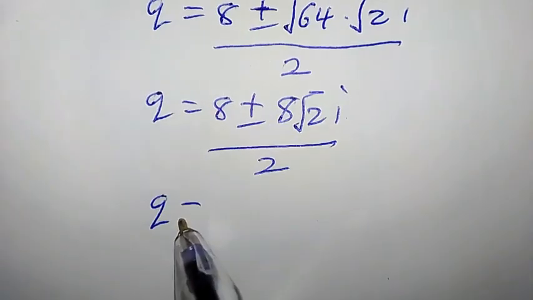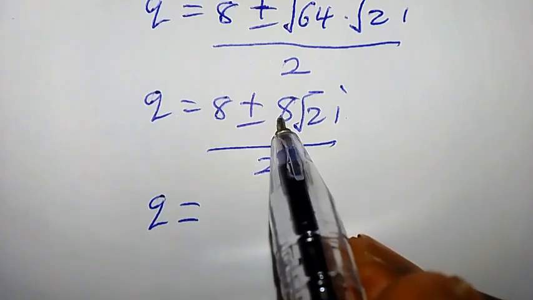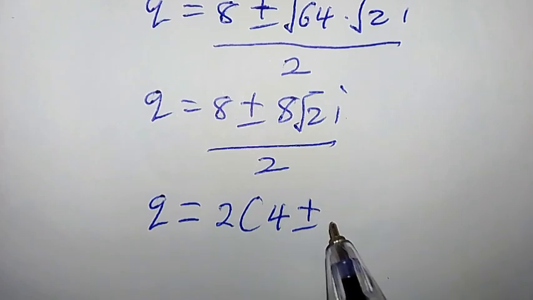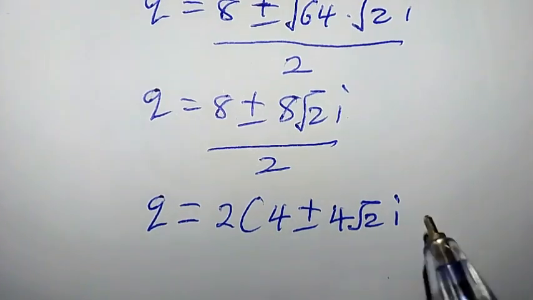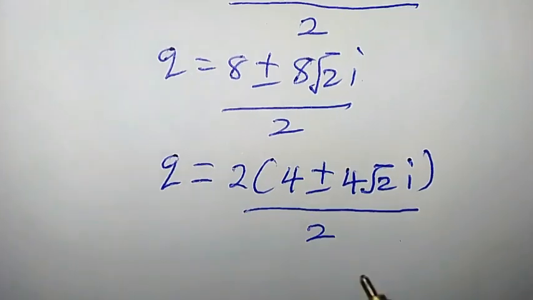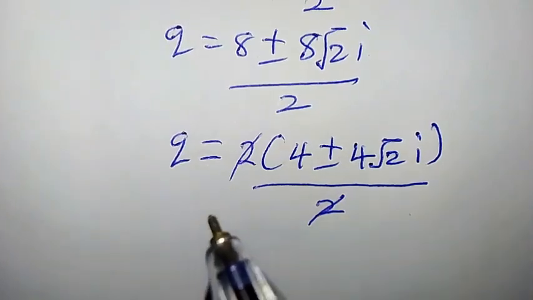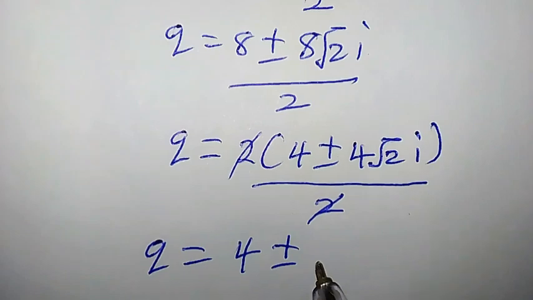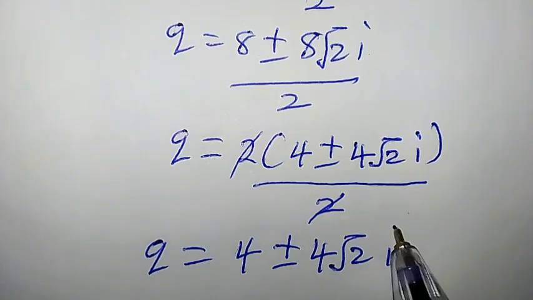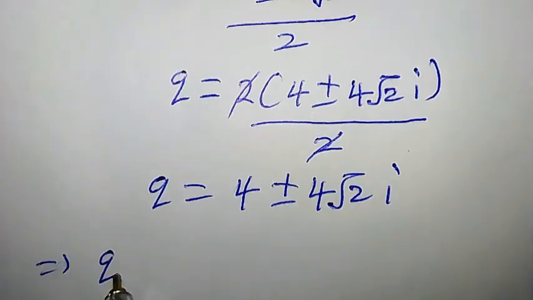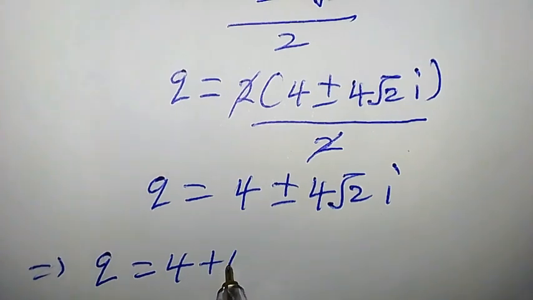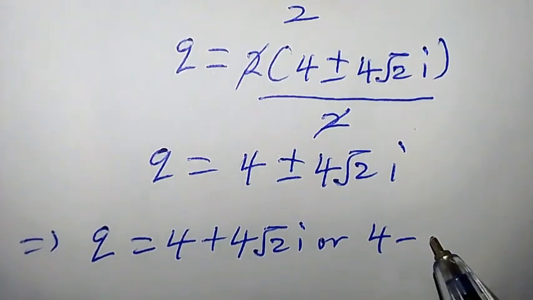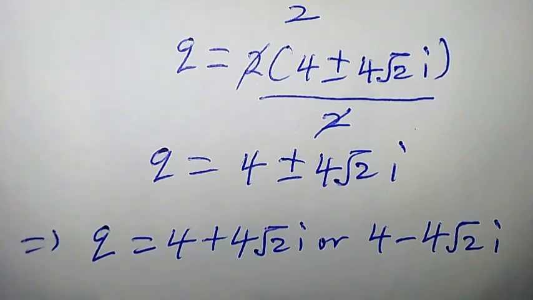So we have Q equal to, it is possible to pull out 2 from this numerator. Doing that, we're going to have 2 into 4 plus or minus 4 root 2I, all over 2. Clearly, these cancel each other, so we are left with Q equal to 4 plus or minus 4 root 2I. This implies that Q equal to 4 plus 4 root 2I or 4 minus 4 root 2I.